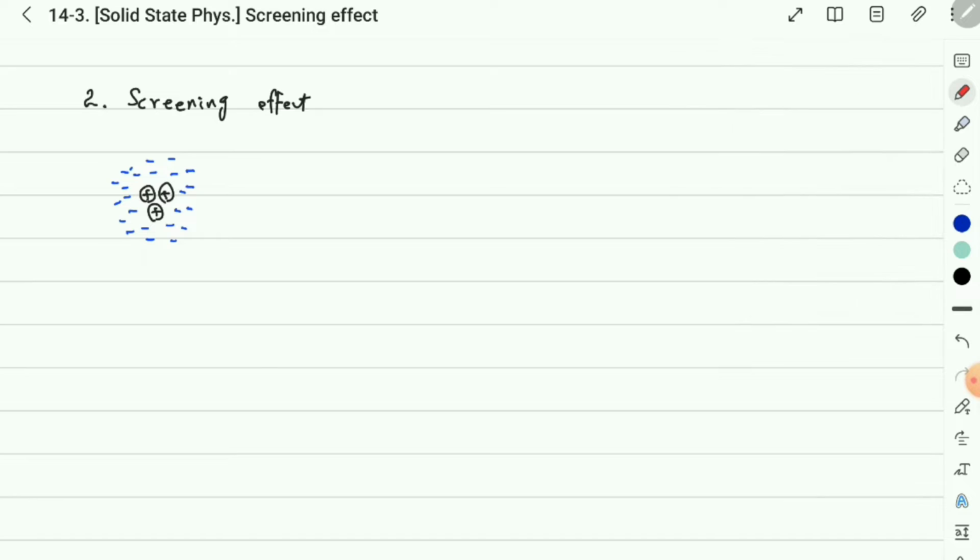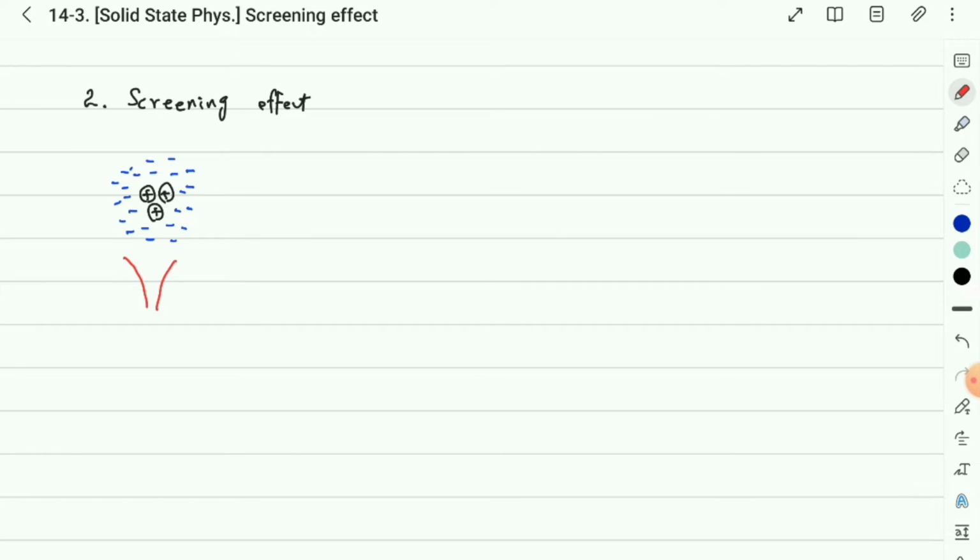If we think about a single ion, its potential is a Coulomb potential. But the electron cloud can screen out this positive potential. We call it the screening effect.